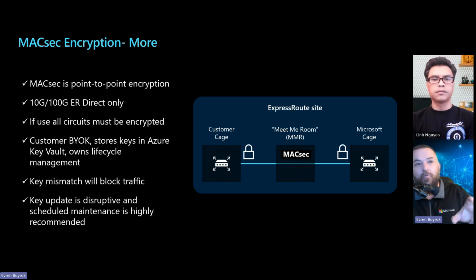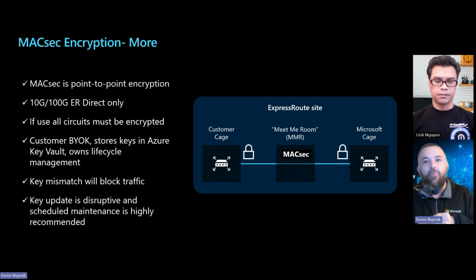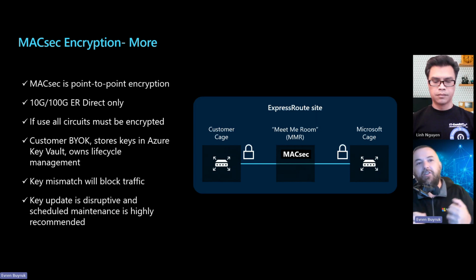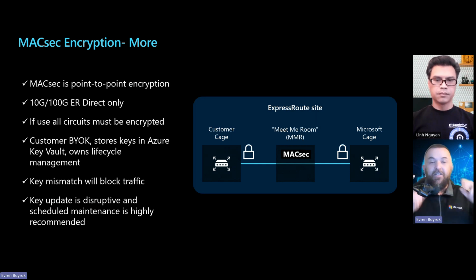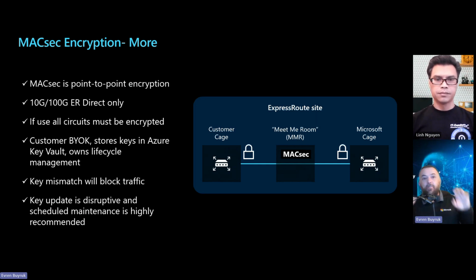MACsec is configured with connectivity associations, which are a set of attributes that network interfaces use to create inbound and outbound security. These are all the channels. Once you create traffic over these channels, the traffic gets exchanged over two MACsec secured links. Again, these are all physical points.